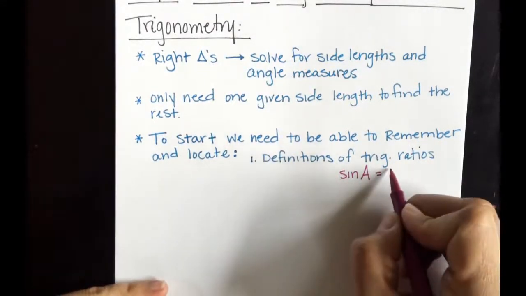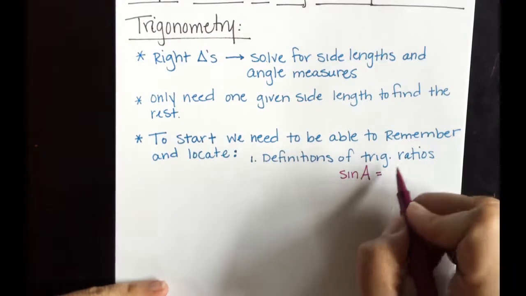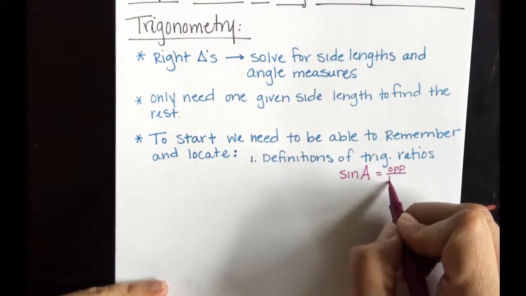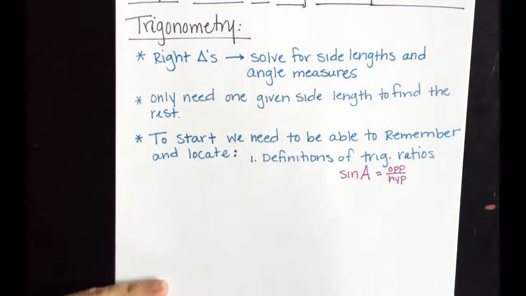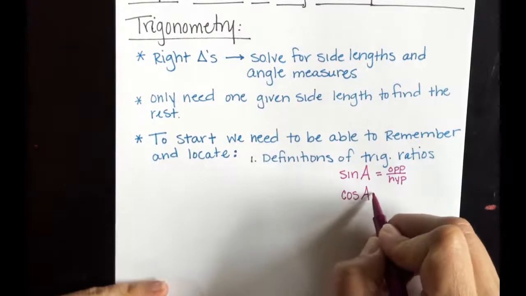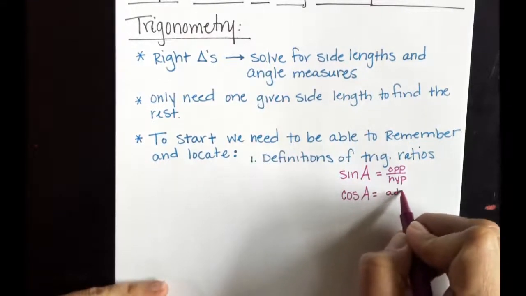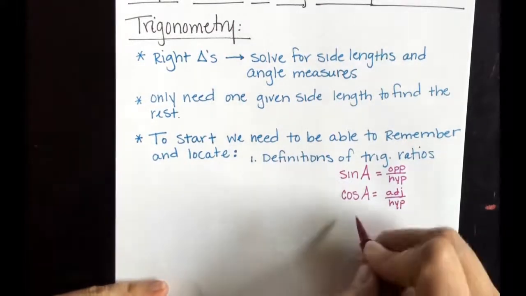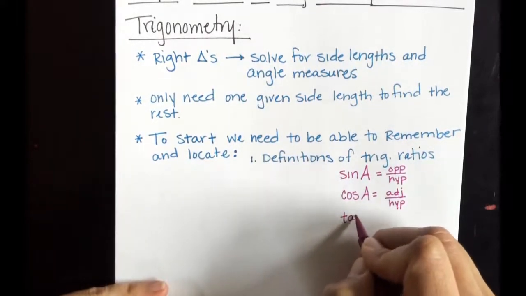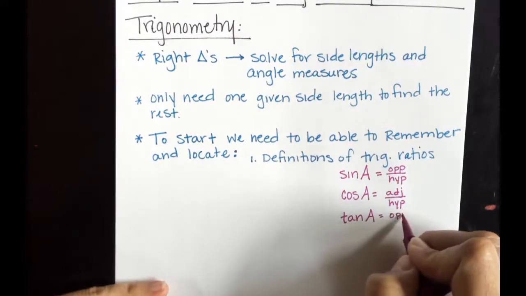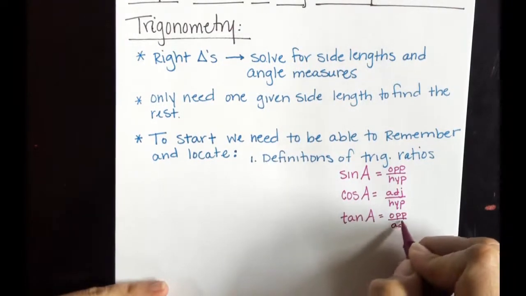A very quick way to remember it, you're going to see a ratio: opposite over hypotenuse. We're going to have another trig ratio, cosine of an angle, and that is adjacent over hypotenuse. And we're going to have a third, which is opposite over adjacent.